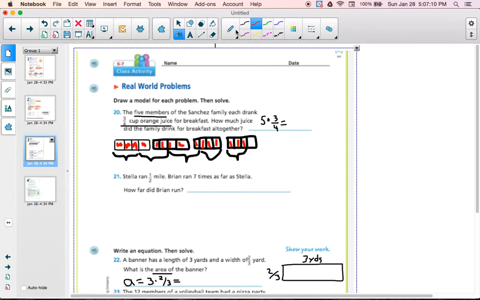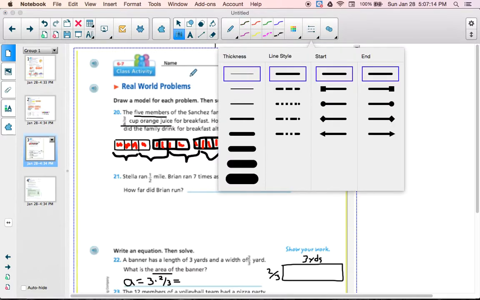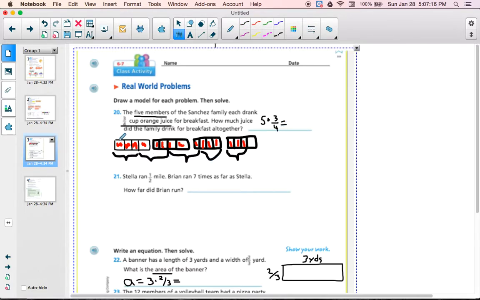Okay? So if I take 5 times 3/4, that means I've got 5 groups of 3/4. There's 1, 2, 3, 4, 5. That gives me a total of 1, 2, 3, 4, 5, 6, 7, 8, 9, 10, 11, 12, 13, 14, 15. 15/4.